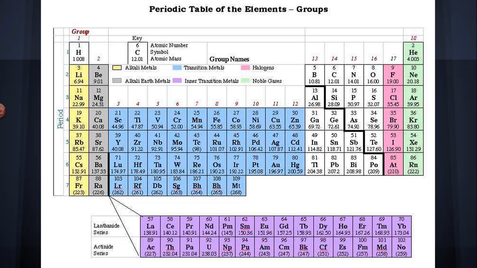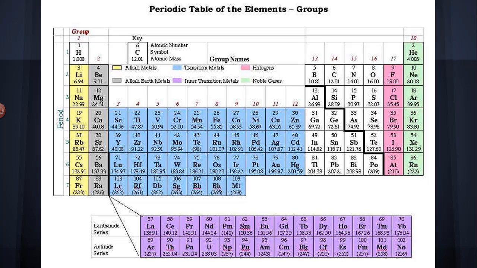There are other ways of doing it, and depending on the periodic table you look at, you might see the numbers 1 through 18. You usually will, but you might also see some Roman numerals 1, 2, 3, 4, 5, 6, 7, 8, and letters A and B that go with those. And that's the sort of old-fashioned way of numbering the families. We're going to focus on numbering them from 1 to 18.